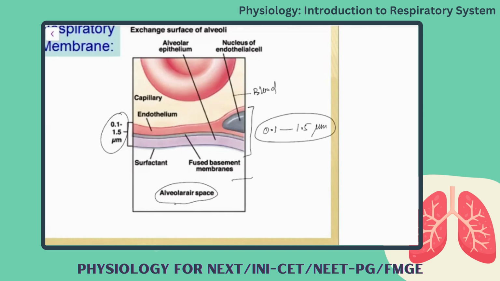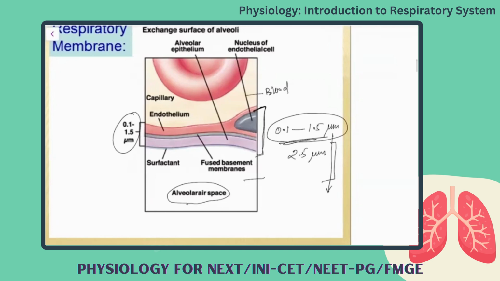It takes more time for the gas to travel across the entire thickness. For example, instead of 1.5, if it becomes 2.5 micrometers, there is more travel time for the gas to move from one side to the other side of the respiratory membrane. So that is one of the abnormal conditions you will encounter.